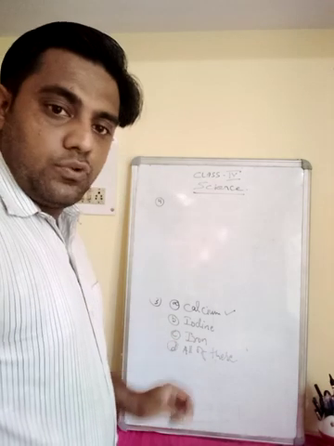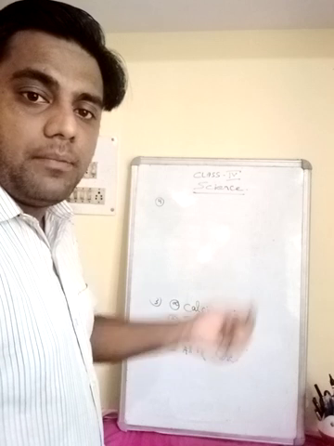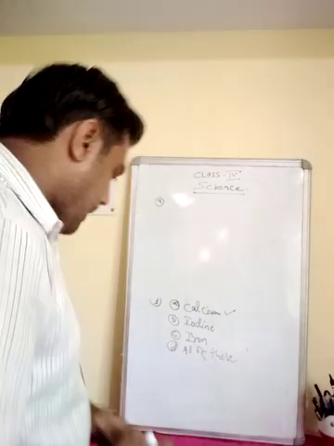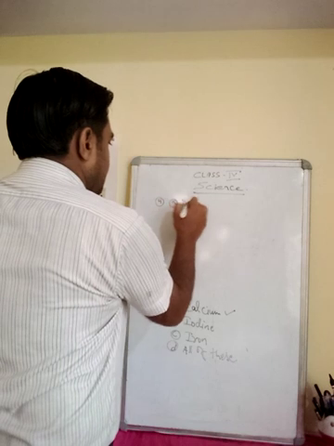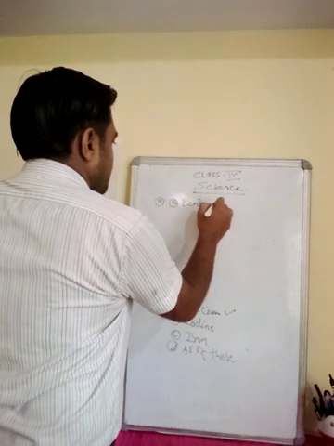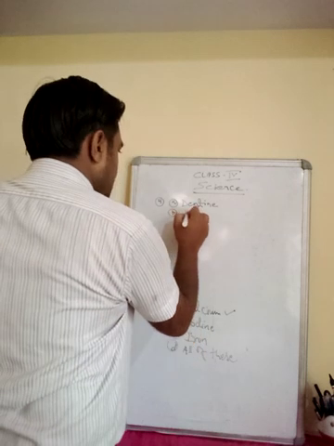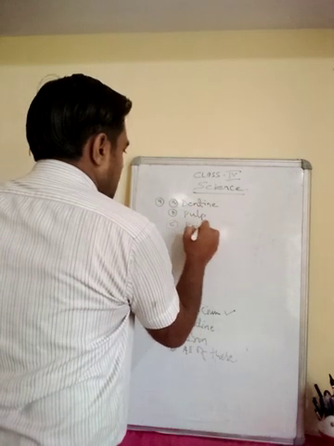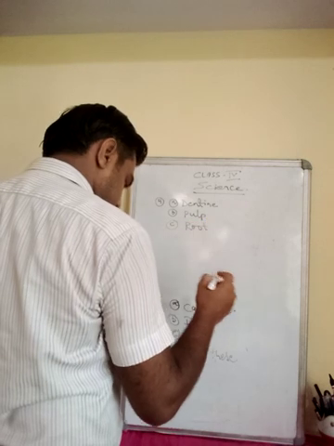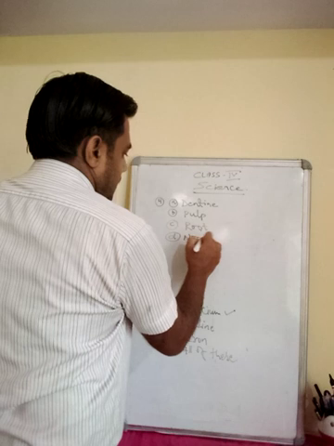The layer of tooth that is present below the enamel, not above the enamel but below the enamel, is, options are number A, dentine, number B, pulp, C, root, D, none of these.